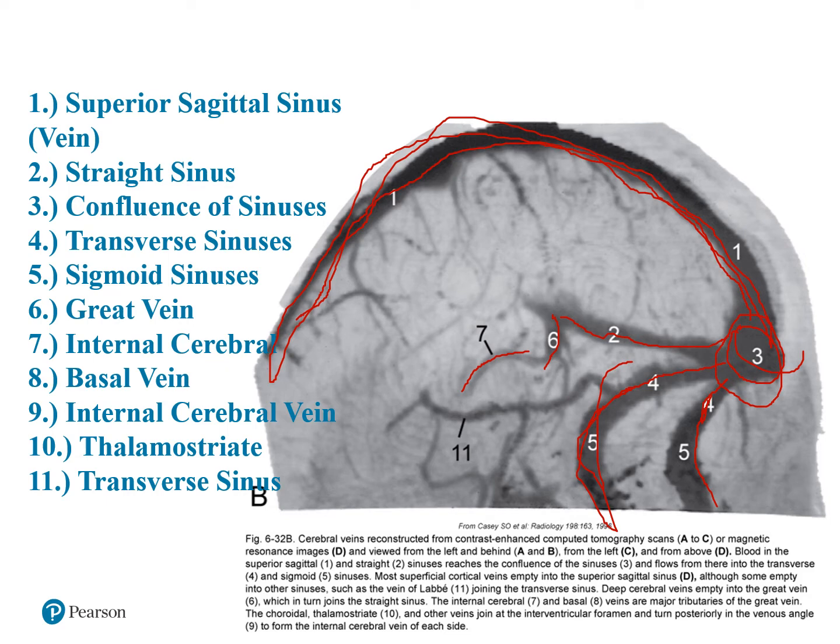I don't see 8 on here. 9, internal cerebral. I don't see that, so let's skip to 11. We can see the transverse sinus here. So let's look at a couple more pictures and make this make sense.